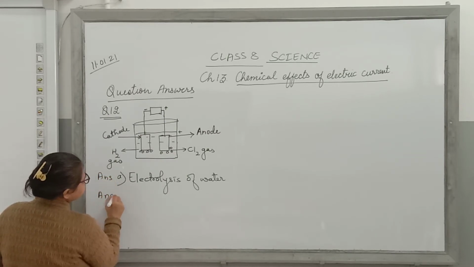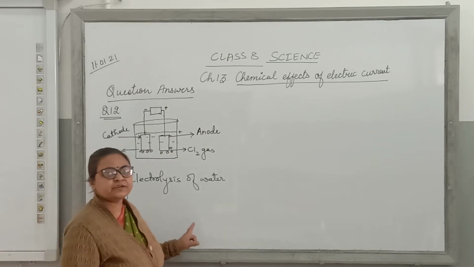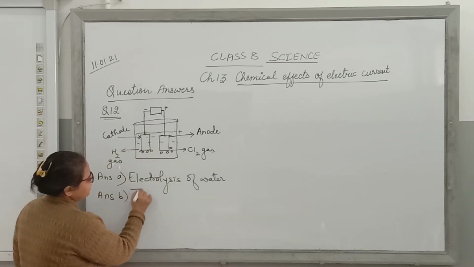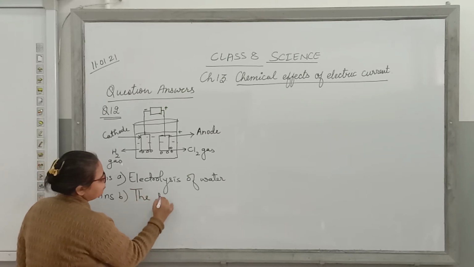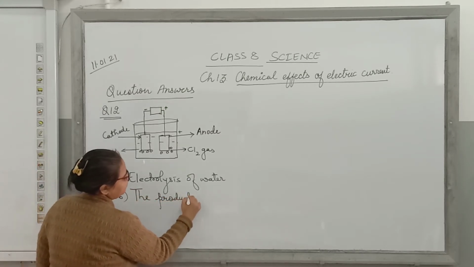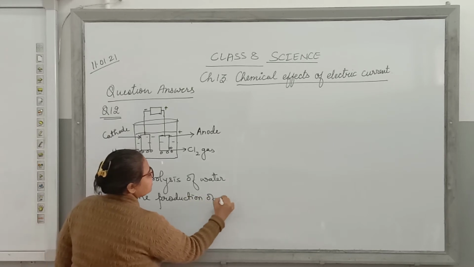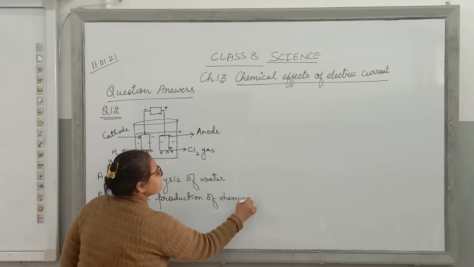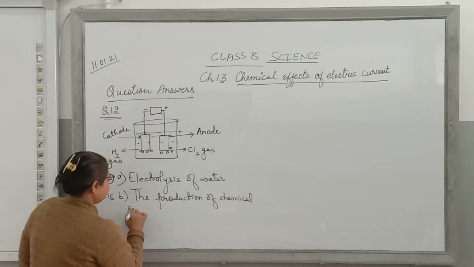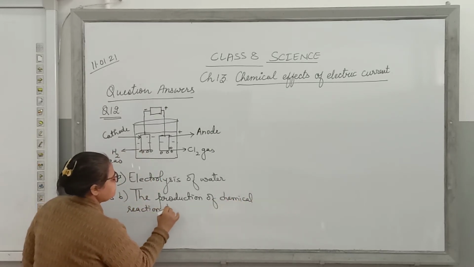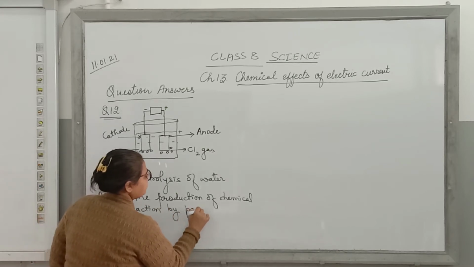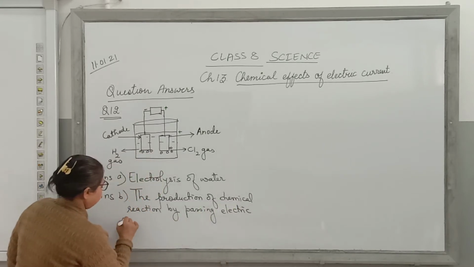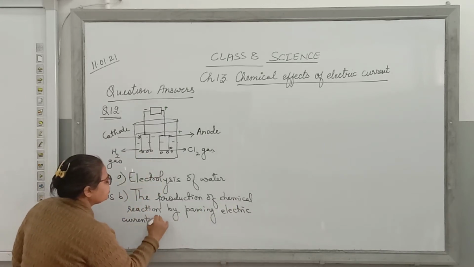Then in the second question, they have asked to define this process. So definition of electrolysis will be the production of chemical reaction by passing electric current through an electrolyte.